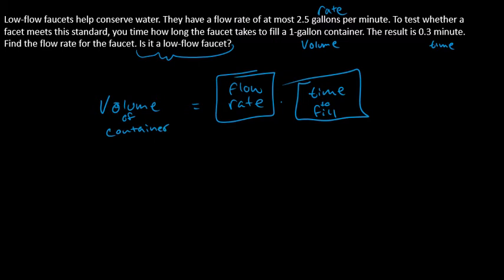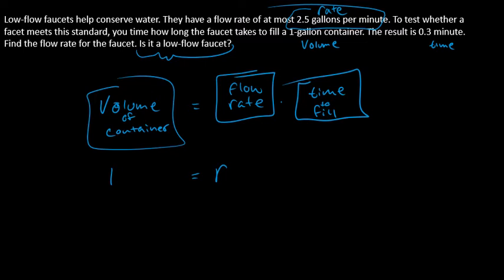So I want to plug in what I know. I am not going to be using this 2.5. That's just for comparison at the end. The volume of the container is 1 gallon. My flow rate is unknown, so I'm just going to put r there. And the time it took to fill was 0.3 minutes. So this is gallons, this is minutes.